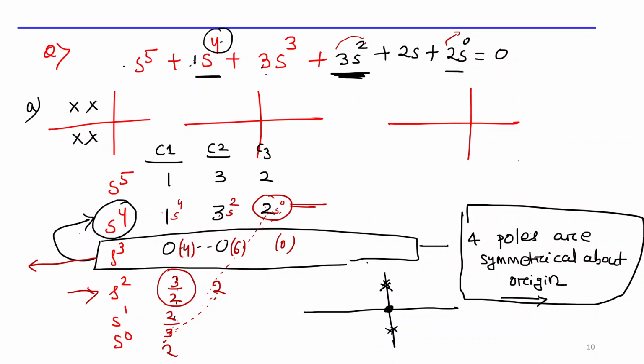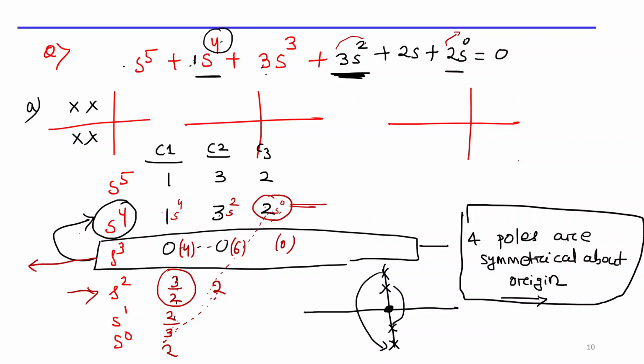So it can be one case like that, or not on the same location. Suppose one pole is here, another pole is here, another pole is here, and here. They are symmetrical, right? Yes, sir. Now it is one of the possibilities. It means to make my four poles symmetrical, the only option is that you have to place them on the imaginary axis.